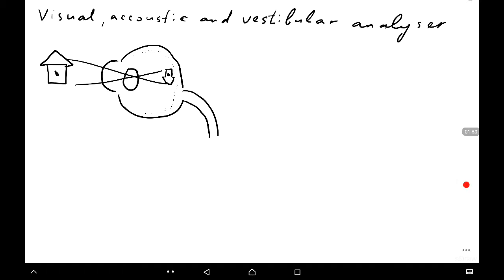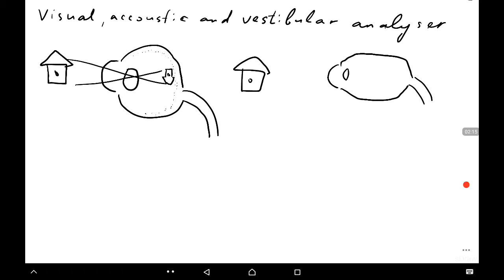But in some abnormalities, for example myopia, short-sightedness, the image is focused before the retina. The eyeball is a little bit long, and the image is sharp before the retina, and on the retina it is vague, not sharp.